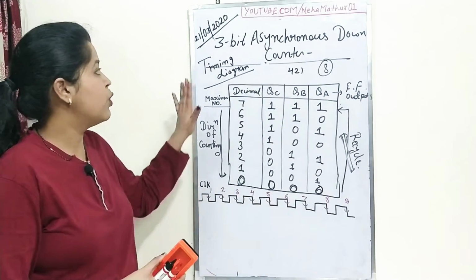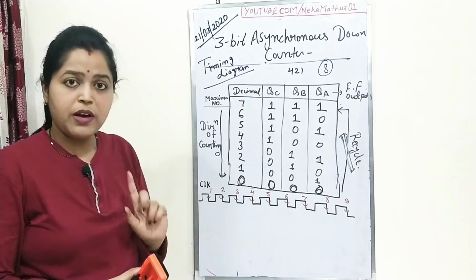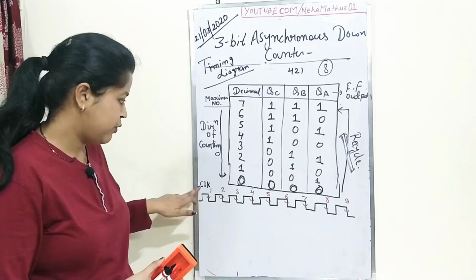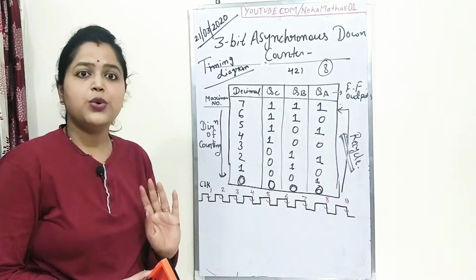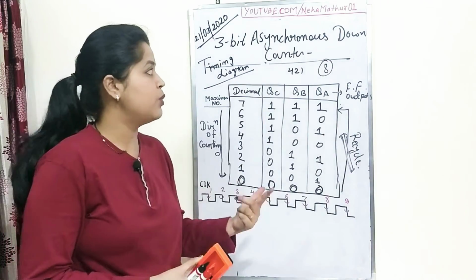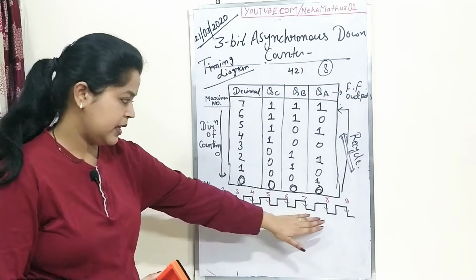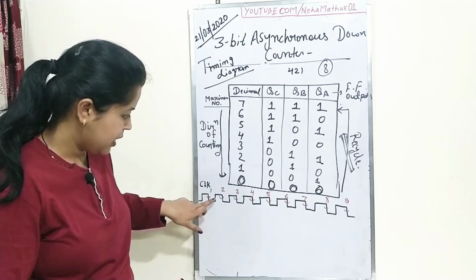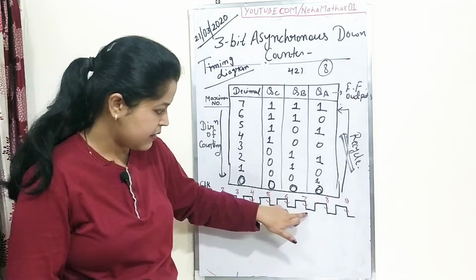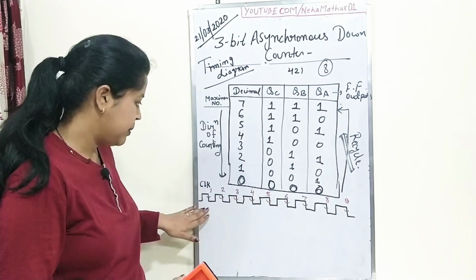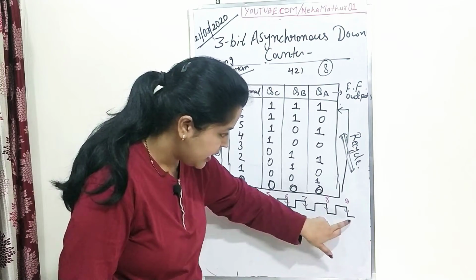Now whenever you go with the timing diagram, you require the representation of the clock in terms of a wave. Since you have to count 8 digits, the number of clocks is 8. The edges are 1, 2, 3, 4, 5, 6, 7, 8, 9. Why 9? Because this is the ending of the 8th clock.